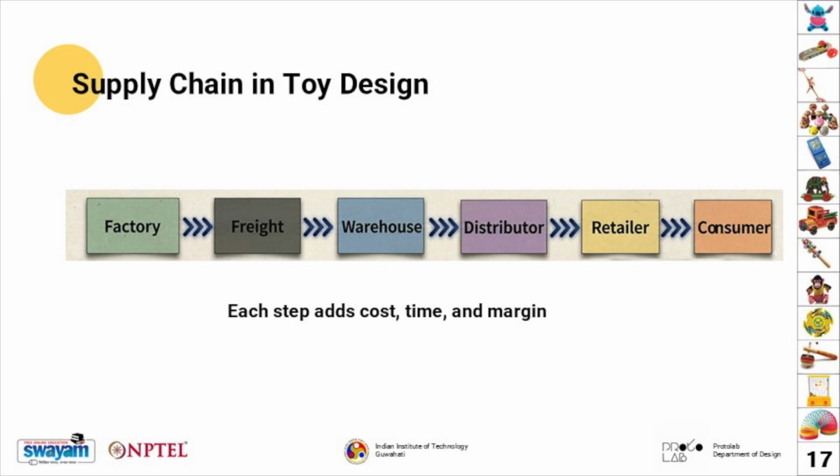Then comes distribution. Distributors buy from manufacturers and sell to retailers. They manage regional logistics, relationships, and stock movement. They take a margin for this service.